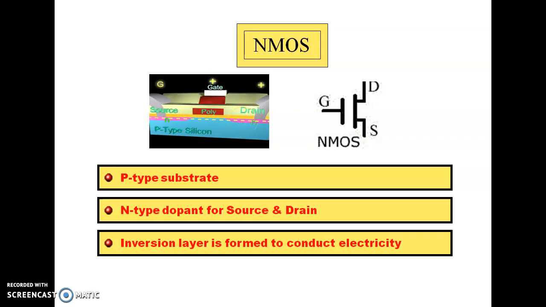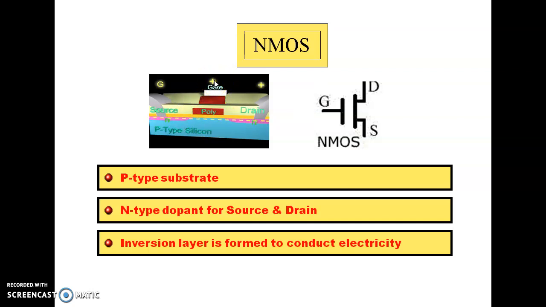Whenever a positive supply is given to the gate, electrons will move from source to drain and IDS current is formed. In an N-channel enhancement MOSFET, in any enhancement MOSFET, there will not be any channel. The channel should be formed by applying positive gate voltage.